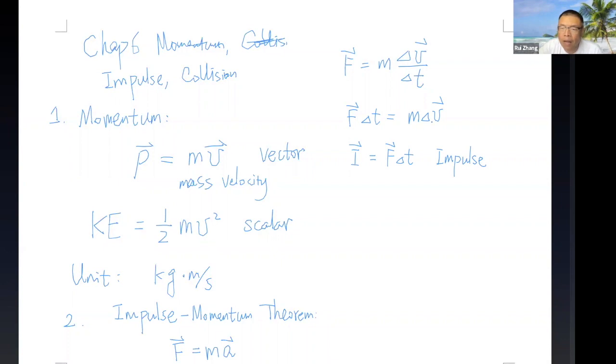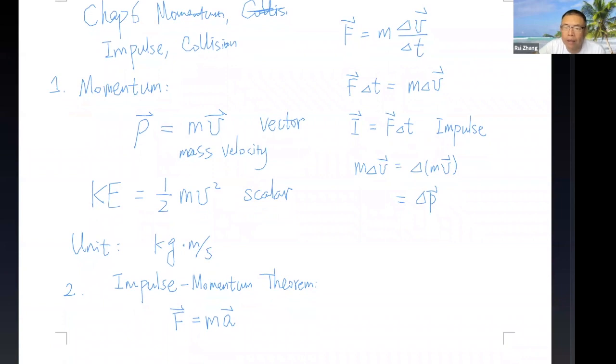On the right-hand side, because m is normally a constant, you can write m delta v as delta (mv) together, and that's nothing but delta p, okay? So basically, we can rewrite this formula as I equals delta p, and this is what we call the impulse momentum theorem.